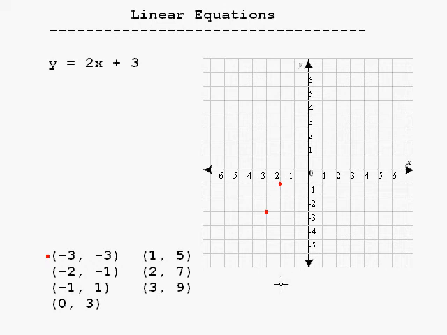So -1, +1. There it is again. What you're noticing is these dots are all going to be in a line. Now 0, 3. Here's 0, we'll go up 3. Then 1, 5: over to 1 and up 5.